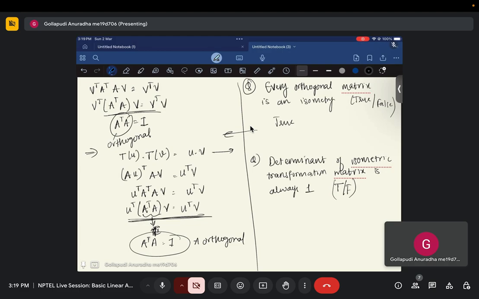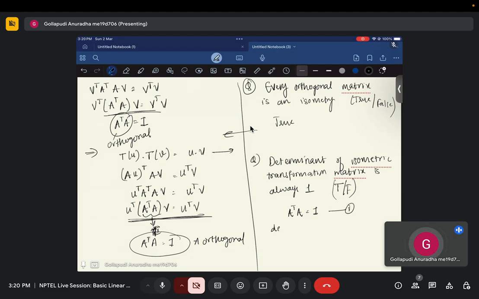I think it is false. Yeah. So what is the right statement? I think the determinant of A should be plus minus 1. The determinant of the isometric transformation. Because the determinant will be plus or minus 1. We'll see how it is. So A transpose A is, as we saw, every isometric transformation matrix will be an orthogonal matrix, so this will be satisfied.